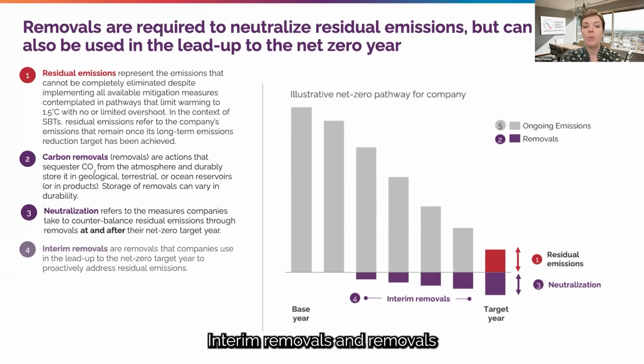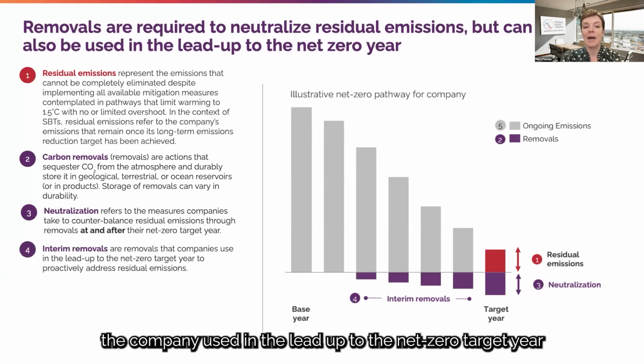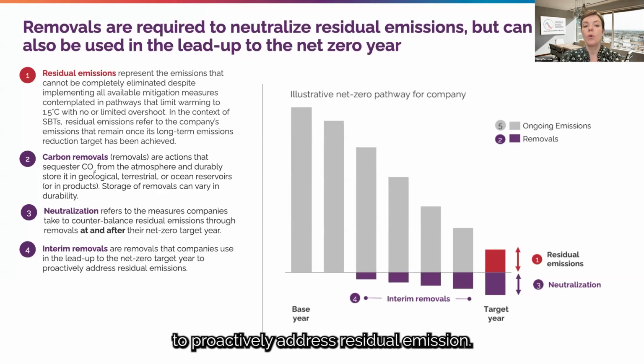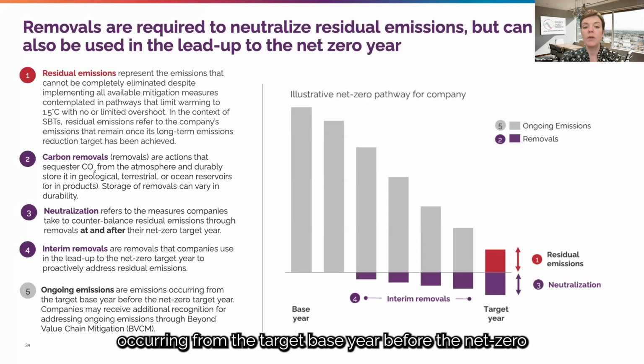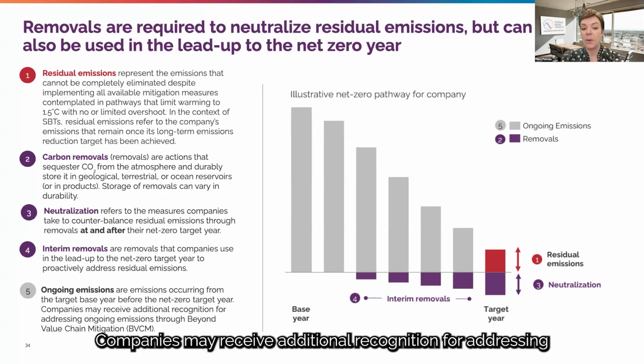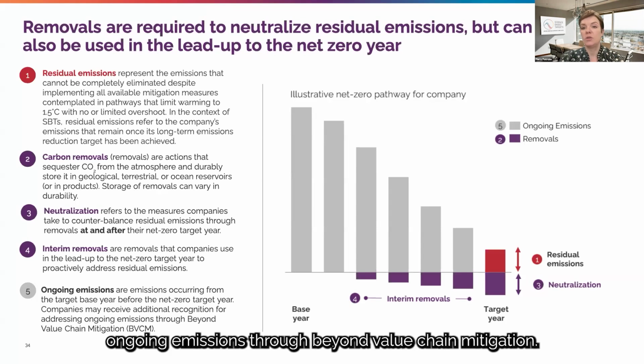Interim removal are removal that company used in the lead up to the net zero target year to proactively address residual emission. Finally, ongoing emission are emission occurring from the target base year before the net zero target year. Company might receive additional recognition for addressing ongoing emission through beyond value chain mitigation.